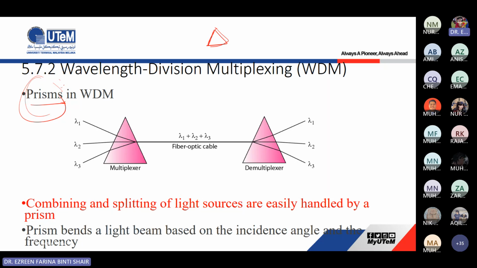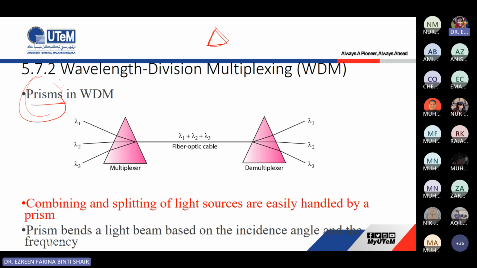Okay, so just now I already told you that wavelength division multiplexing is used in fiber optics. With fiber optics, the signal is a light signal. So you know that a light beam can be bent using a prism. That's what is stated here: combining and splitting of the light sources are easily handled by a prism.